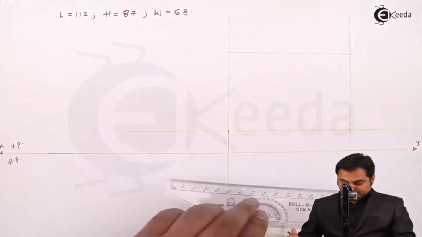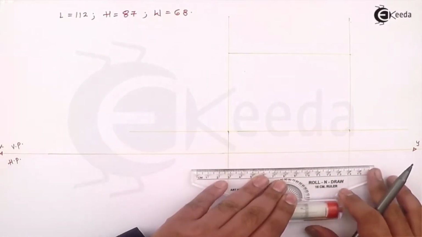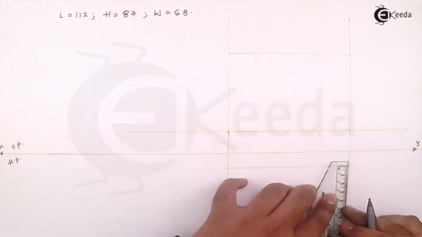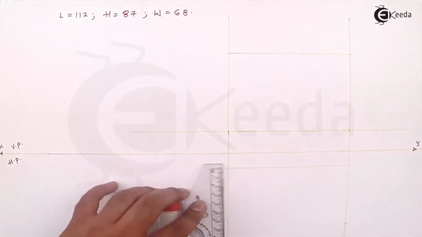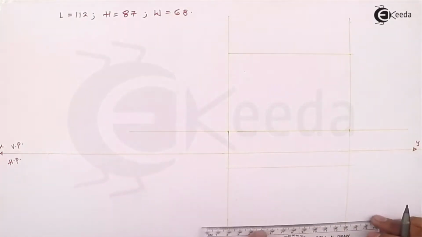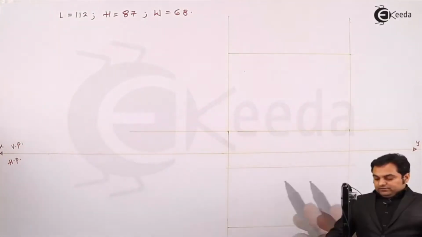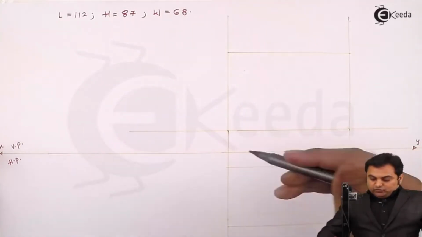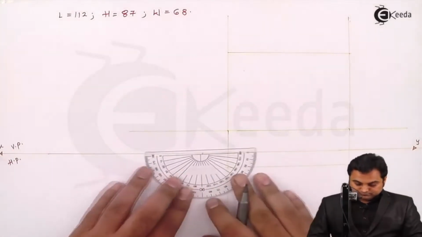Width is 68 mm. I'm marking 68 mm. Then in this rectangle I am going to draw the top view. For the side view I am taking an angle of 45 degrees.